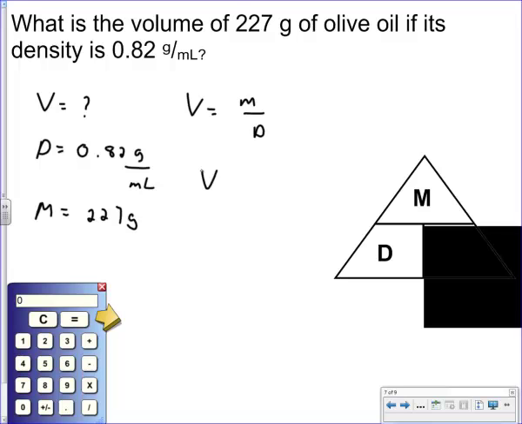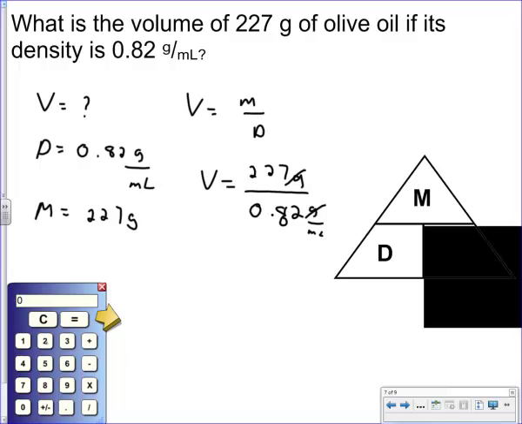So volume here is going to equal 227 grams divided by 0.82 grams per milliliter. Again, notice what unit is going to cancel. Grams will cancel, and I'll be left with milliliters.